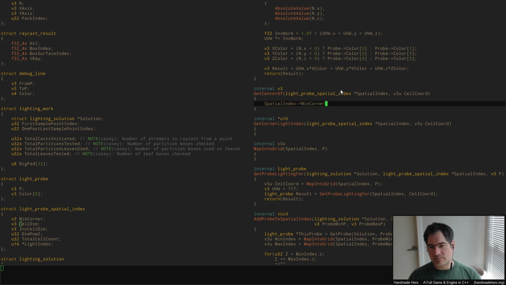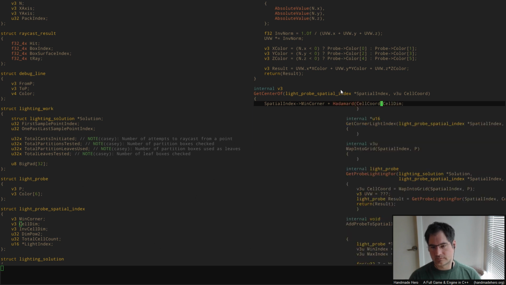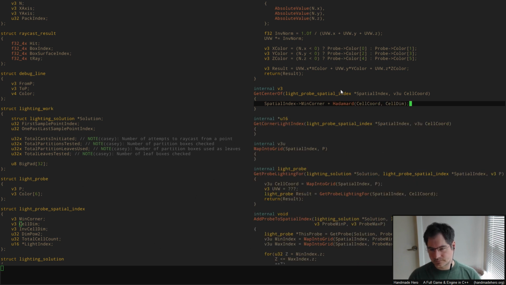So if we do the min corner plus the cell chord times the cell dim, that gives us the corner of the cell in question. And we just need to move half a grid cell further, right? That's all we actually need to do there.